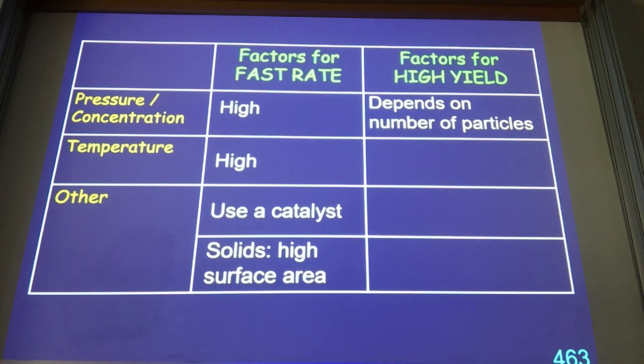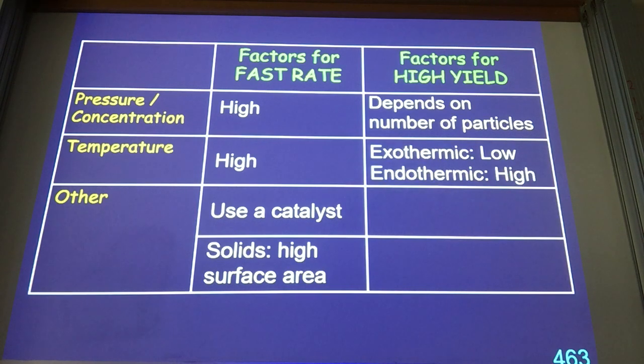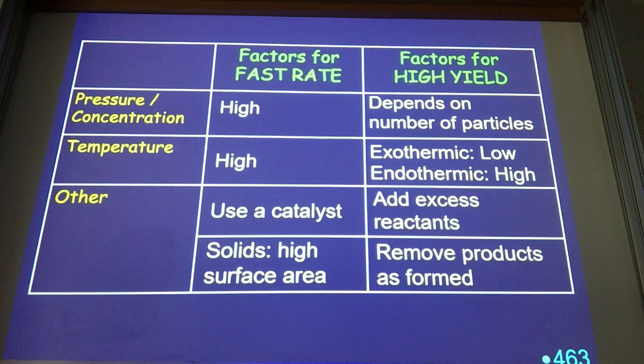Temperature, what do we do with temperature to get a high yield? Again, it depends on whether it's endothermic or exothermic. So, if it's an exothermic reaction, a low temperature will favour the yield. If it's an endothermic reaction, a high temperature will send it to the right to get more yield. What other factors? Excess reactants, removing products.